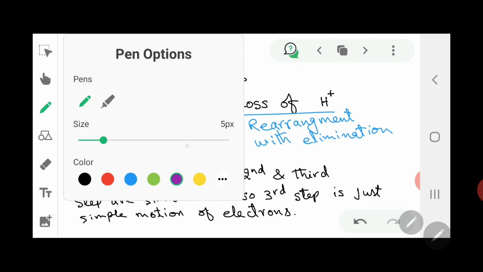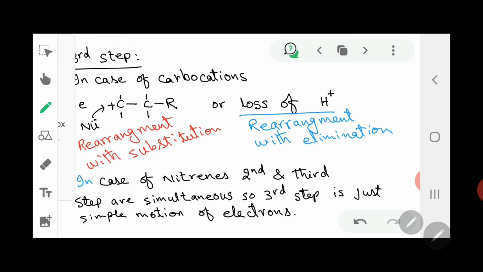So you can say the third step is the restoration of octet at migration origin, which can be achieved by accepting a nucleophile, by the loss of proton, or by just rearrangement or motion of electrons.